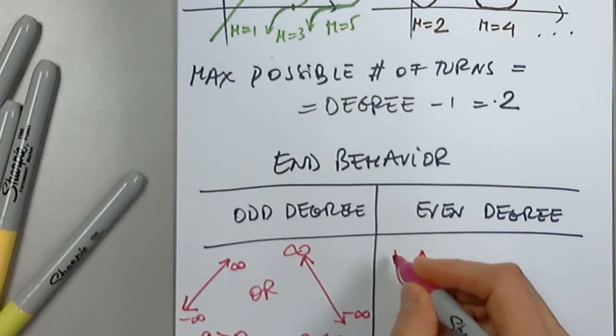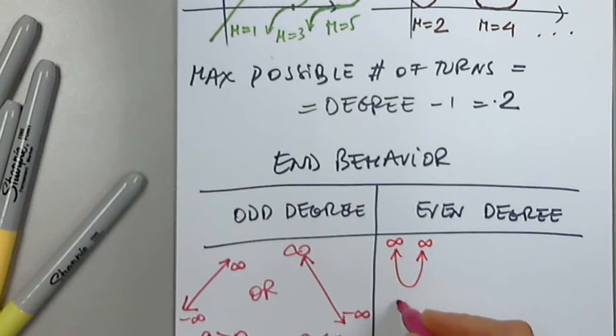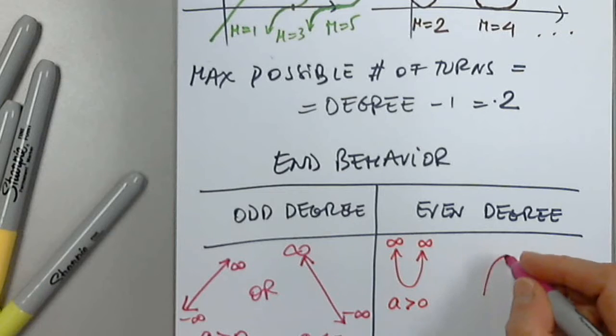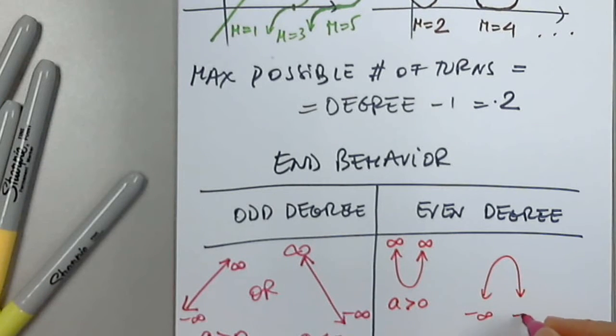So it will be from infinity to infinity if the leading coefficient is positive, and from negative infinity to negative infinity if the leading coefficient is negative. All even degree functions, degree 4, degree 6, degree 8 will follow this. All odd degrees, degree 3, degree 5, degree 7, and so on and so forth, will follow the other.